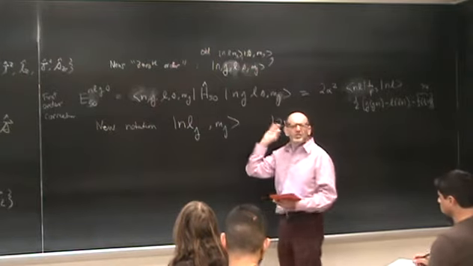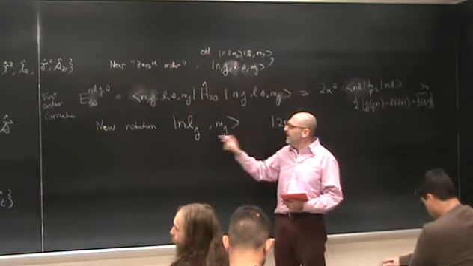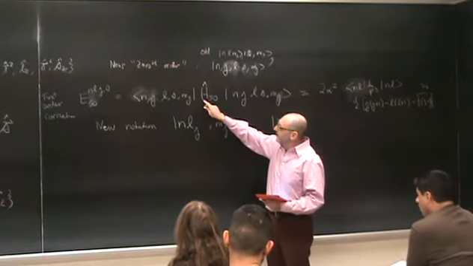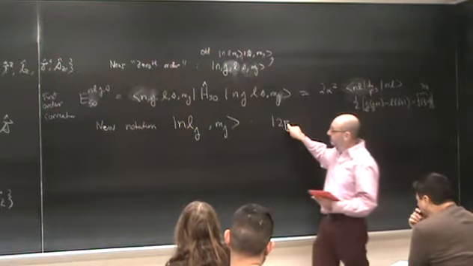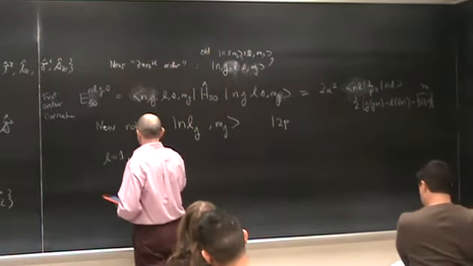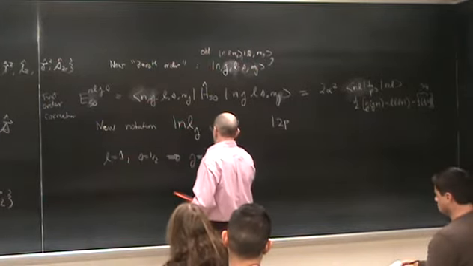So what are the possible values of j, by the way? J is the total angular momentum. We're adding, in this case, L equals 1, and S is a half. What are the possible values of J? 1/2 or 3/2, right?